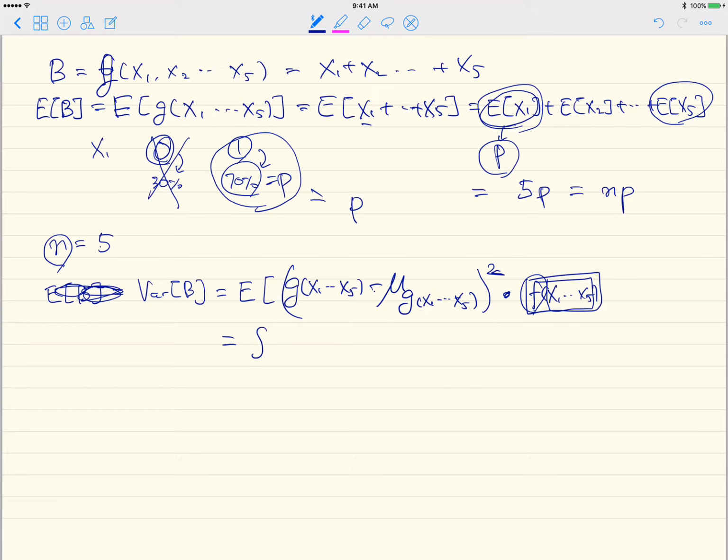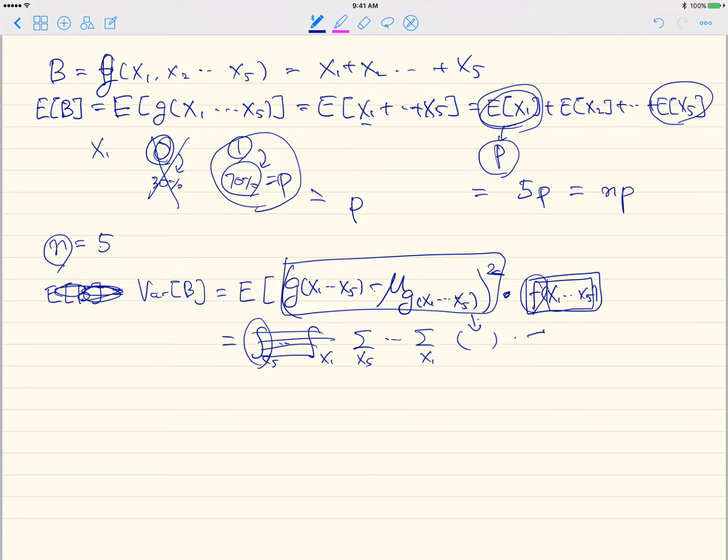In this specific case, we are considering discrete random variables, so this integral sign is no longer true. It should be changed into the summation over x1 through x5, times this part coming here, right? But we will utilize another formula that we learned.